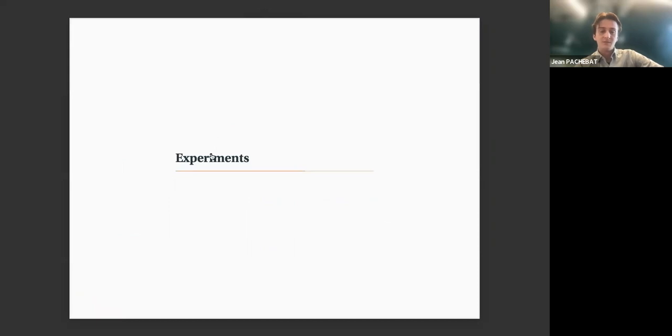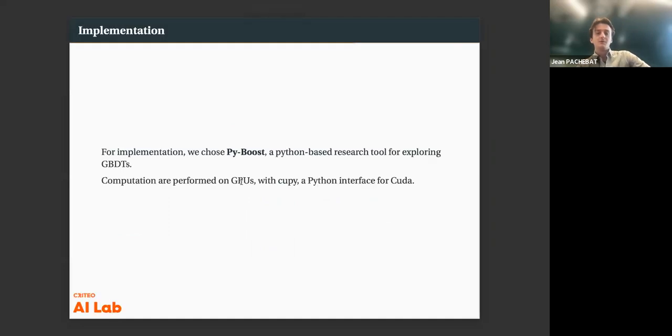Now, let me walk through the experiments that we've done. For the sake of implementation, we chose to go with PyBoost, which is a Python-based research tool for exploring GBDTs.